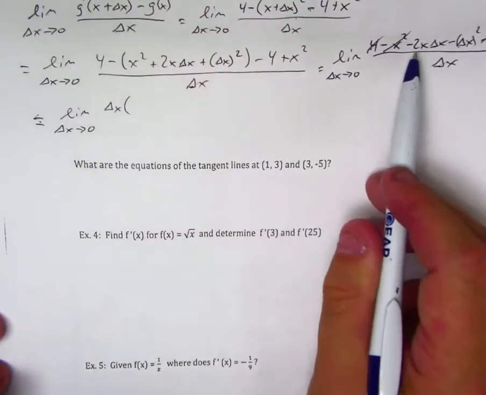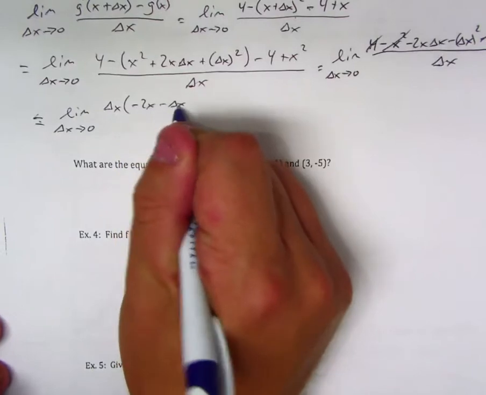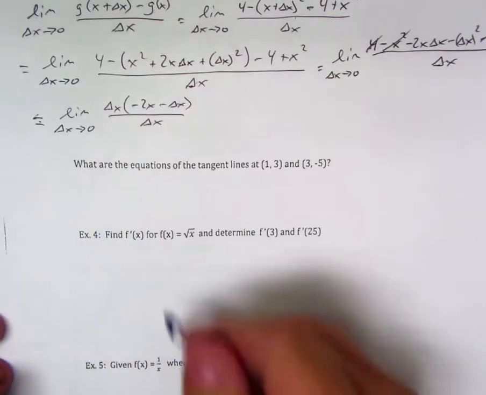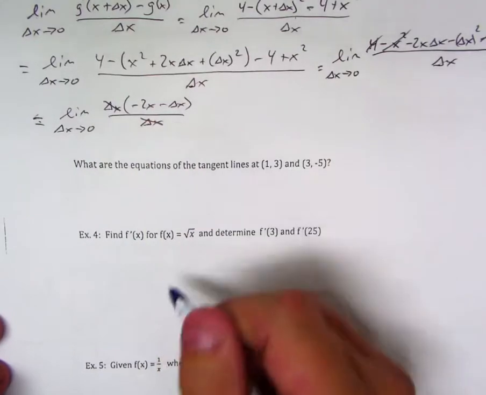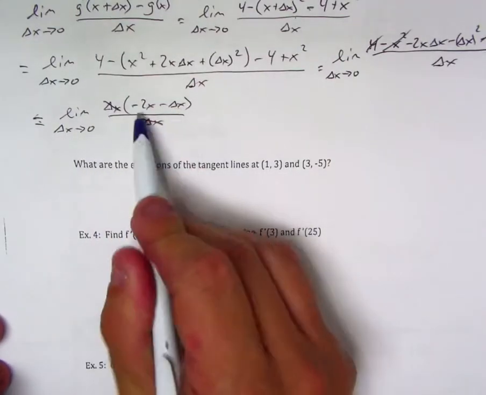So we're going to be left with negative 2x minus delta x. Delta x's cancel. And then plug 0 in for delta x, and so you get negative 2x.